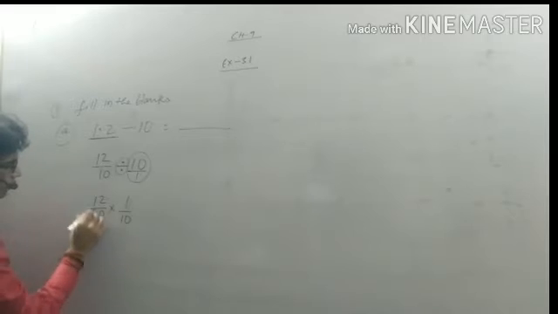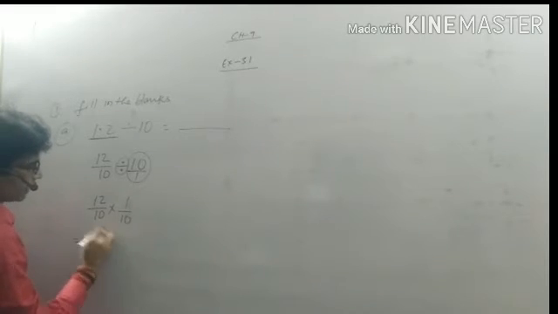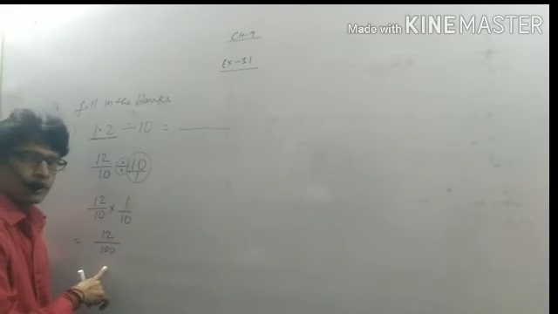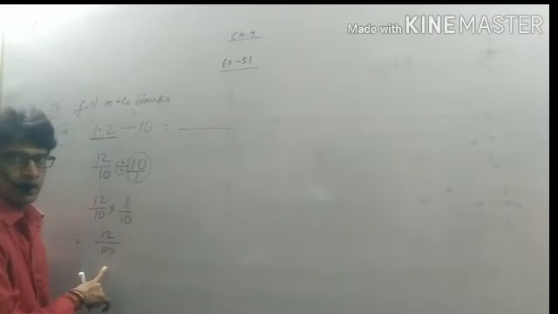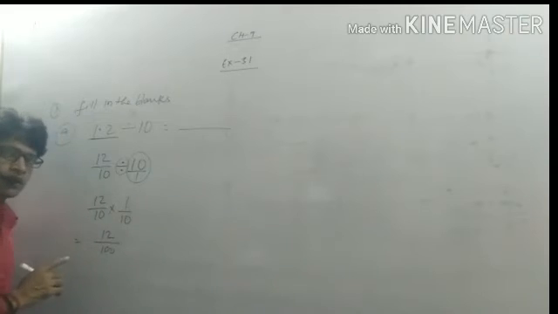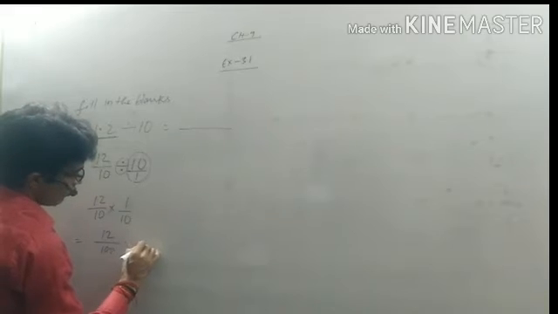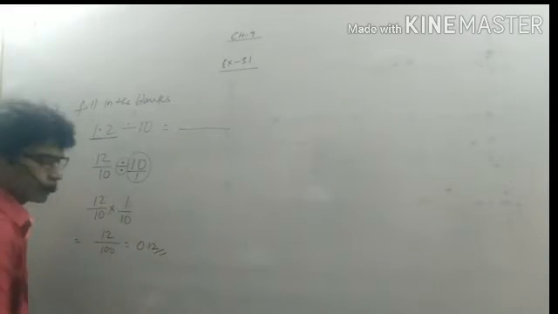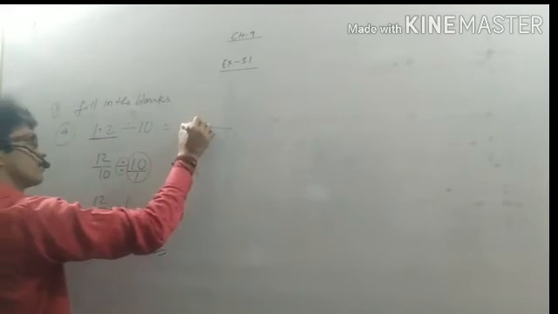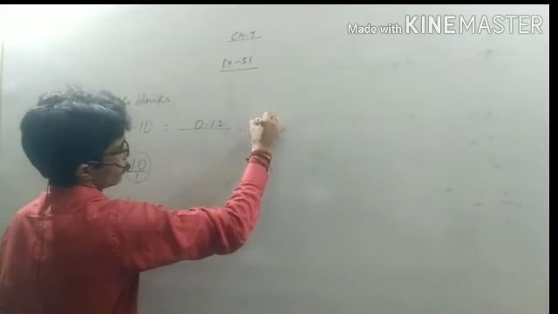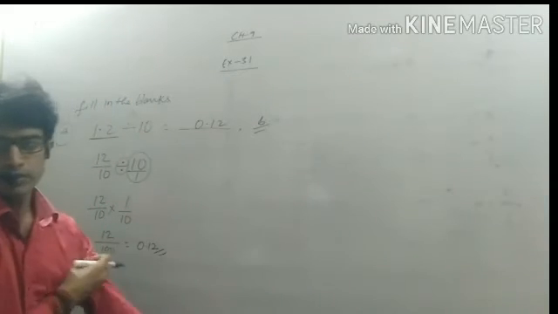Now multiply: 12 times 1 is 12 and 10 times 10 is 100. The denominator has two zeros, so put the decimal after two places from right to left in the numerator. So our required answer is 0.12. Put 0.12 here.